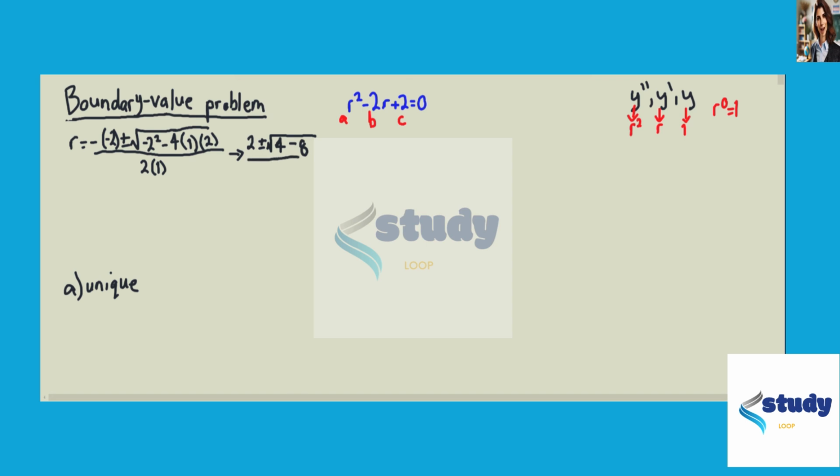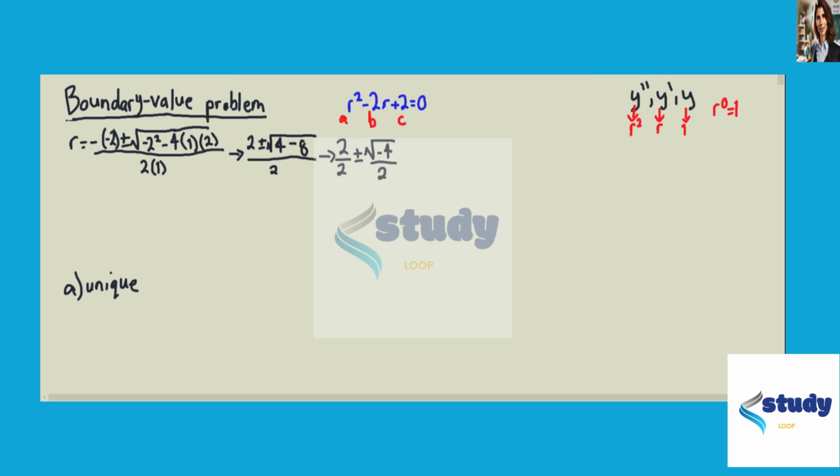And 2 times 1 is going to be 2. So when we're simplifying now, let's go ahead and separate the two parts of the numerator, since we're able to, since there's a plus and minus separating them. So we will have 2 over 2 plus or minus the square root of 4 minus 8, or -4, divided by 2.